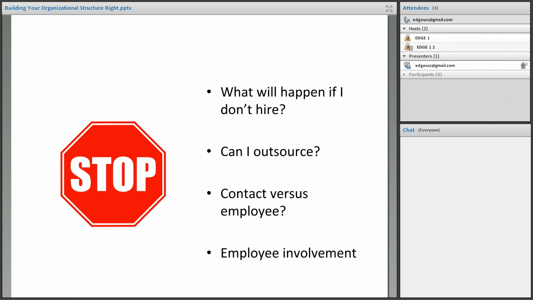Now, depending on what province you're in, there are rules and regulations around contract employees, because the federal government doesn't want you just building your organization based on contract employees. They want you to have employees. There are lots of incentives and grants for you to hire employees, but they also want to make sure that your employees are protected under the Employment Standards Act, and there are also other benefits of being a full-time or permanent part-time employee.